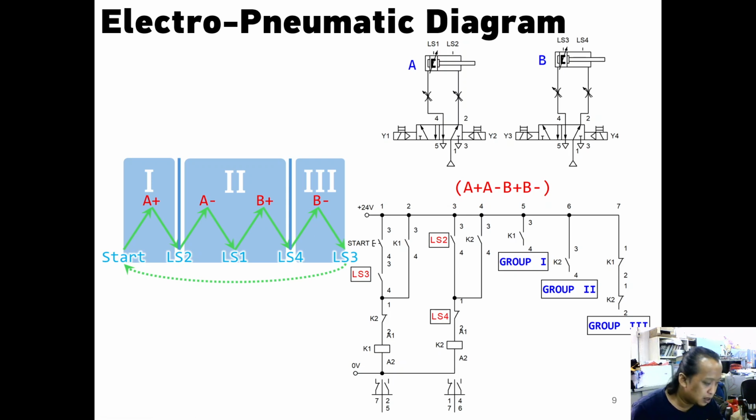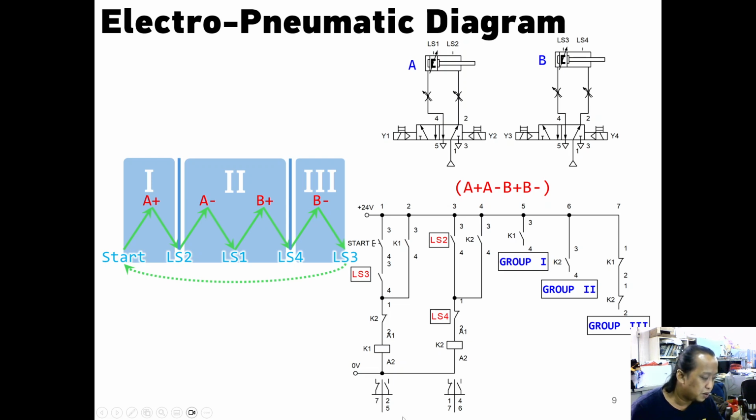For the summary, K1 has two make contacts on rung 2 and rung 5, and the break contact we use for rung 7.